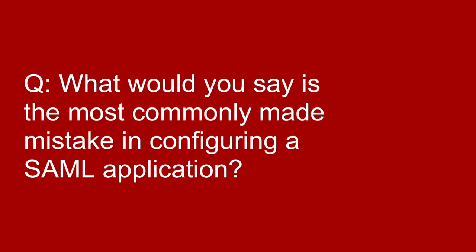So when I see people configuring generic or custom SAML applications, the most common mistake is simply missing one of those required attributes or misconfiguring one of them. So we always try to work with the service provider as much as possible to figure out exactly what they need and then configure our SAML script to match that.